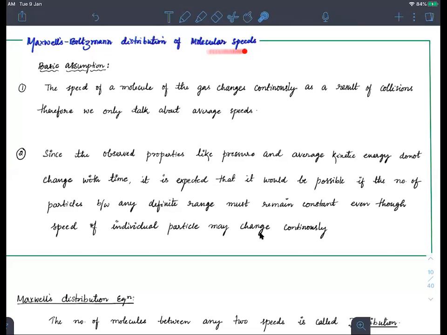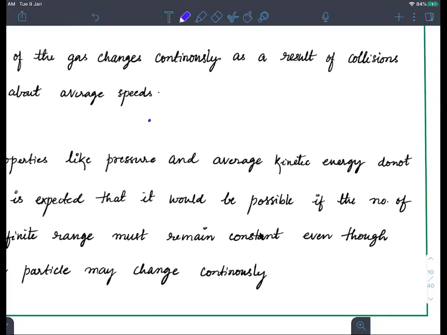This is Maxwell-Boltzmann's distribution curve. First of all, let's see what the basic assumption is. The speed of a gas molecule changes continuously as a result of collisions. Therefore, we always talk about average speeds. If a particle starting from here makes a collision with a speed u1, then after the collision it changes its speed.